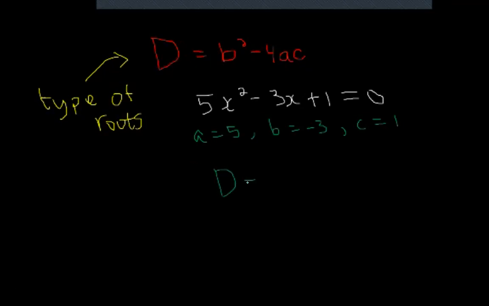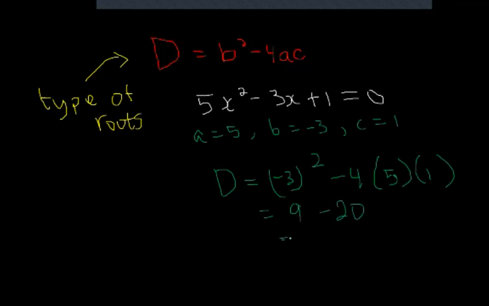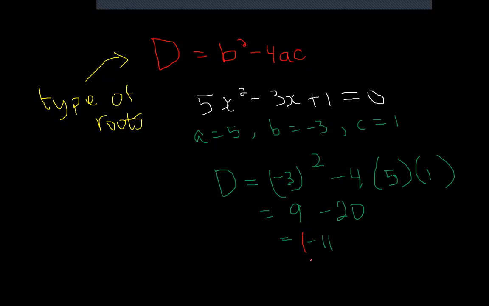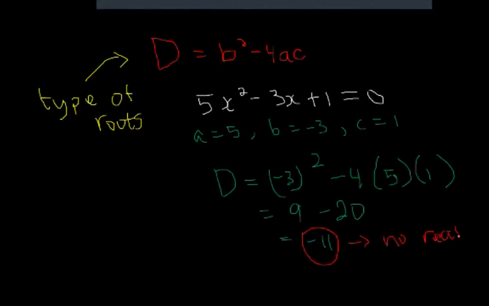To find the discriminant, all I have to do is substitute the values. So b squared, that's minus 3 squared, minus 4ac. That's 9 minus 20, which is negative 11. Whenever the discriminant is a negative number, that means I have no real roots.